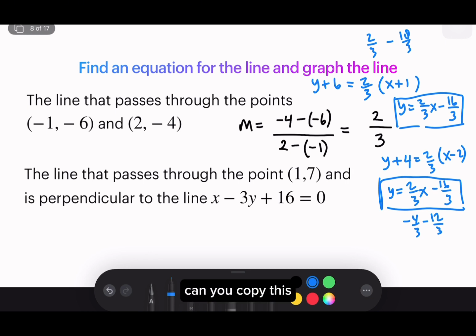Can you calculate this? One divided by 1/3.